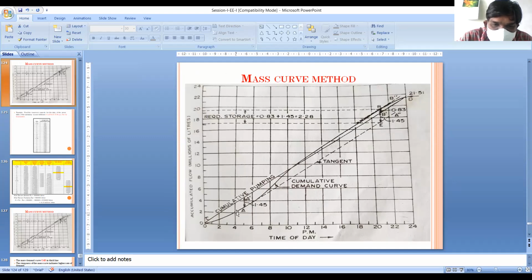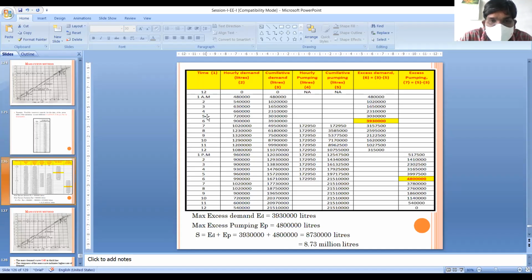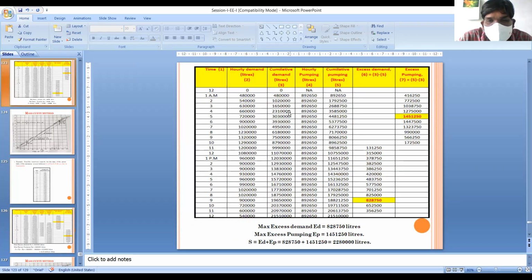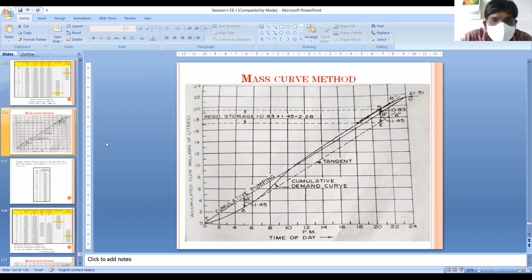See at 4 o'clock, the demand is, see the figure at 4 a.m. The required pumping at 4 a.m. is 2 lakhs and 23 lakhs 10,000. See here at 4 o'clock, see here, 23 lakhs like this.